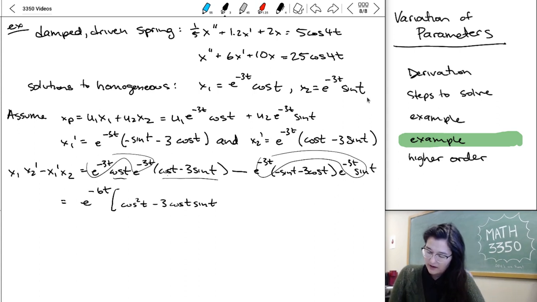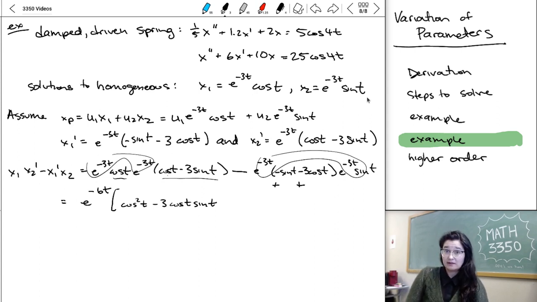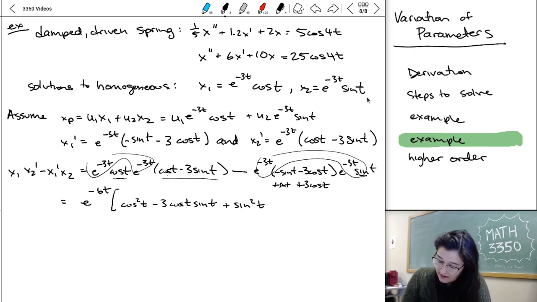And then here, I know that this is going to be pluses when I distribute my minus. I'll go ahead and write that. And then I just need to multiply them both by this sine. So I'm going to get plus sine times sine is sine squared t plus 3 times cosine t sine t.